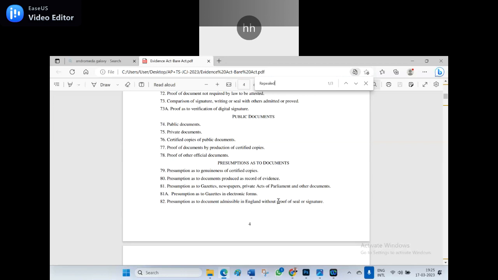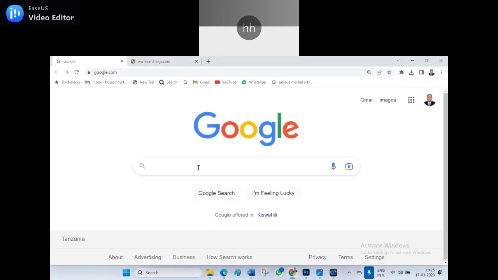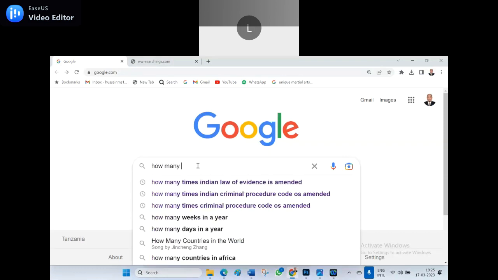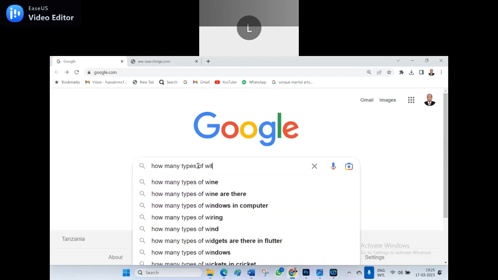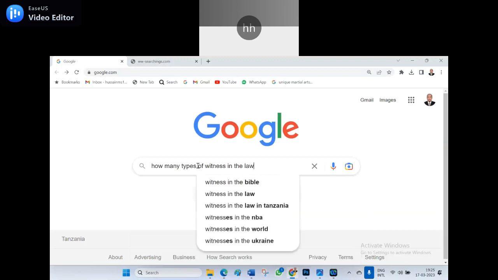They may ask. And how many types of witnesses are there? Can you tell me? Types of witnesses, yes, anyone? How many types of witnesses in the Indian law of evidence? Three, sir.